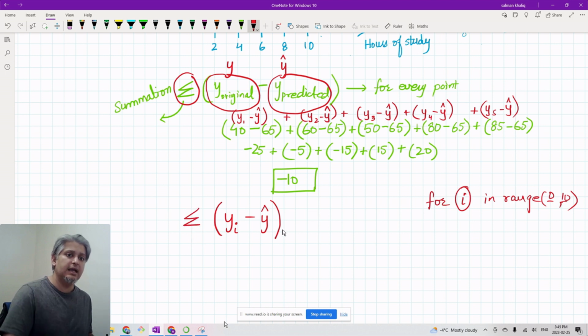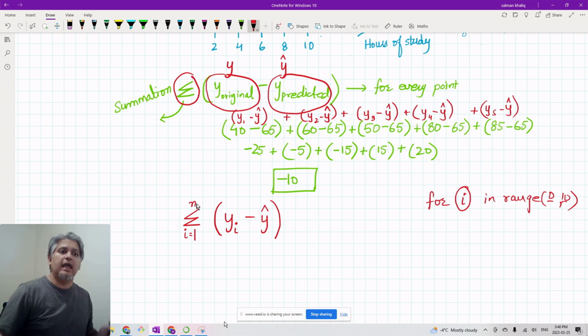This is telling me that I have to add this bracket, and what I need to change is this i, which ranges from 1 to the value n. Here we had only 5 numbers, y1, y2, y3, y4, y5, so I can write 5 for now. But since we are deriving a general equation, I would not stick with just 5 numbers, I would stick with n numbers.